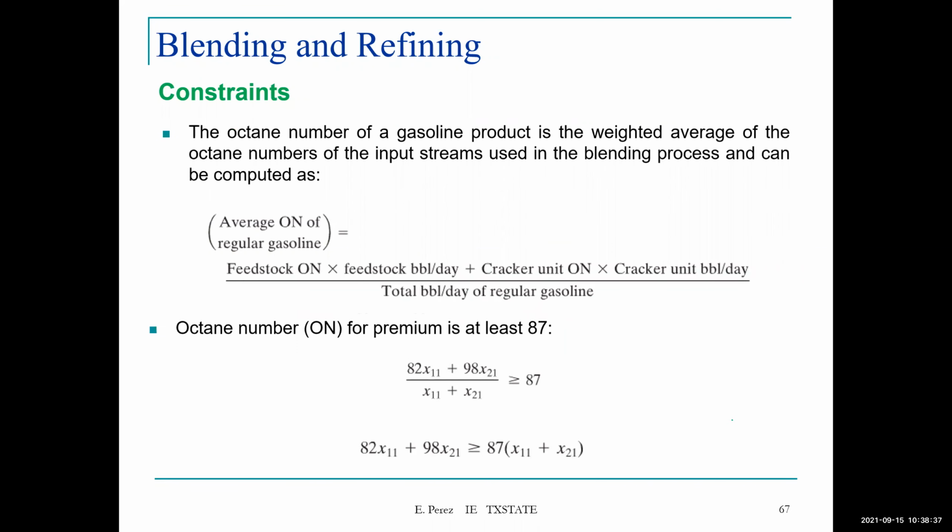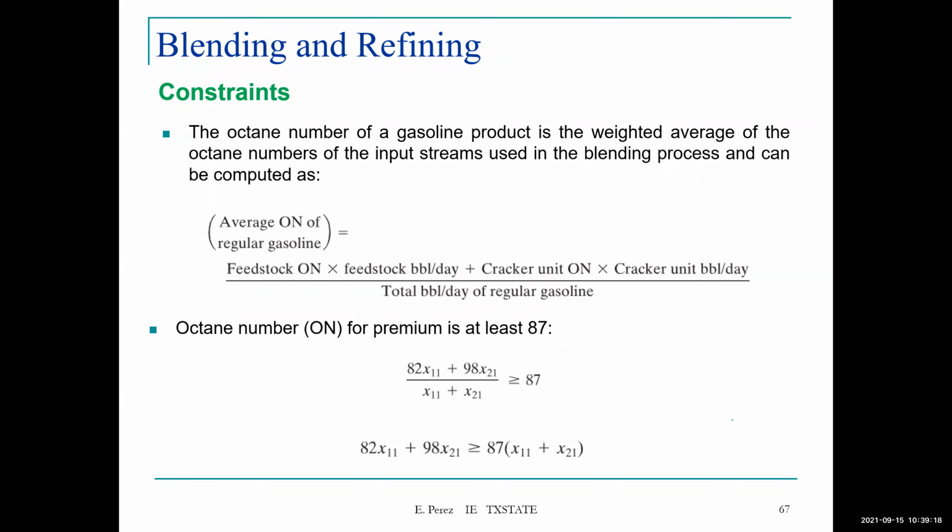So this one is to compute the octane number. The octane number of a gasoline product is the weighted average of the octane numbers of the input streams used in the blending process and can be computed as follows. It's going to be the feedstock ON times the feedstock barrels a day plus the cracker unit ON times the cracker unit barrels a day, everything divided by the total barrels a day of regular gasoline. So to obtain the octane number, we have to input the expressions representing each one of these pieces into this equation.